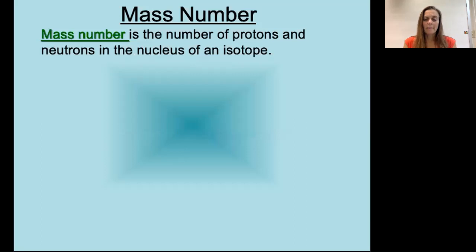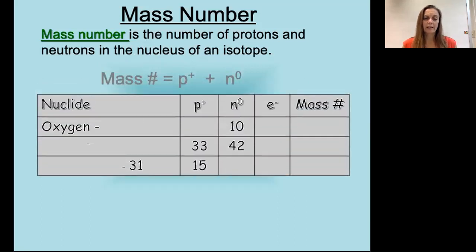So let's talk about mass number. Mass number is the number of protons and neutrons in the nucleus of an isotope. So mass number is number of protons plus number of neutrons. If we look at oxygen here, it tells us this isotope of oxygen has 10 neutrons. Oxygen always has 8 protons.